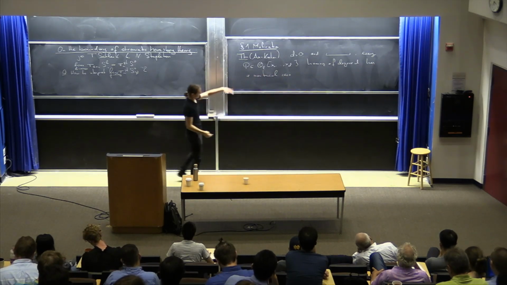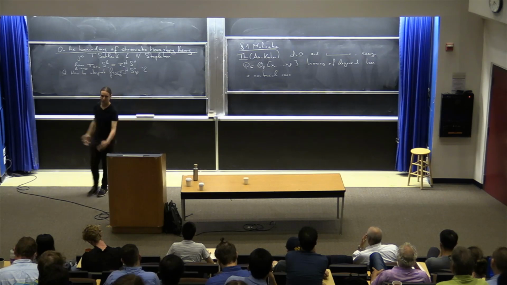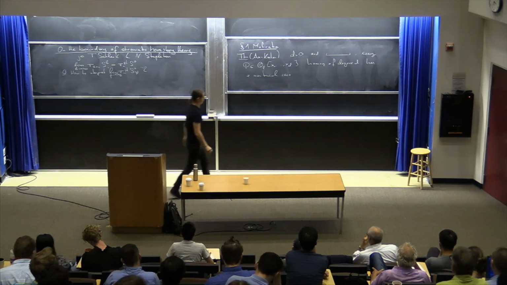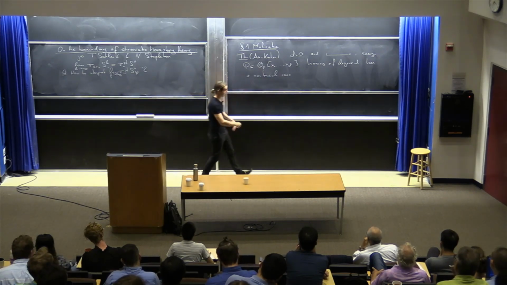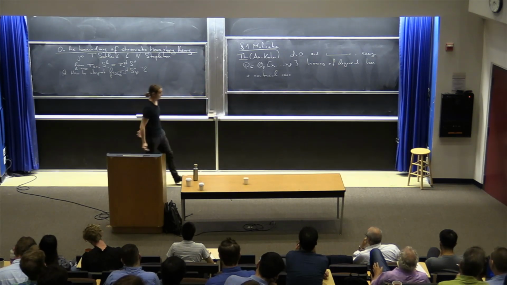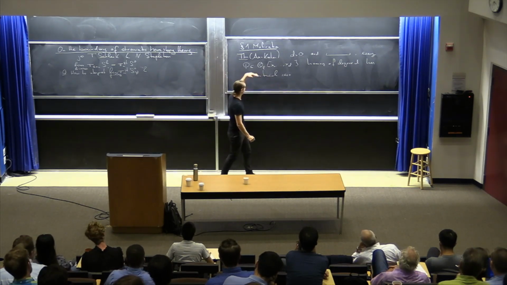What I mean by that is, of course you can take all the variables equal to 0, that gives you 0, but I'm claiming that in these cases there is a non-trivial solution to the equation P equals 0.